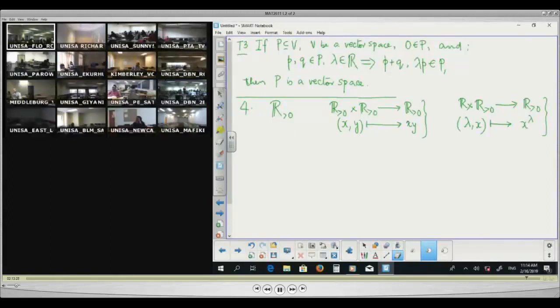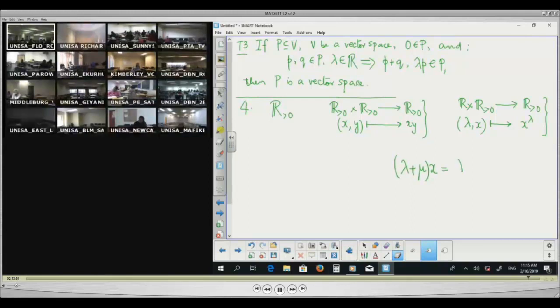Lambda plus mu times x is lambda times x plus mu times x. Okay? Now, let's see. By my definition, what's this?